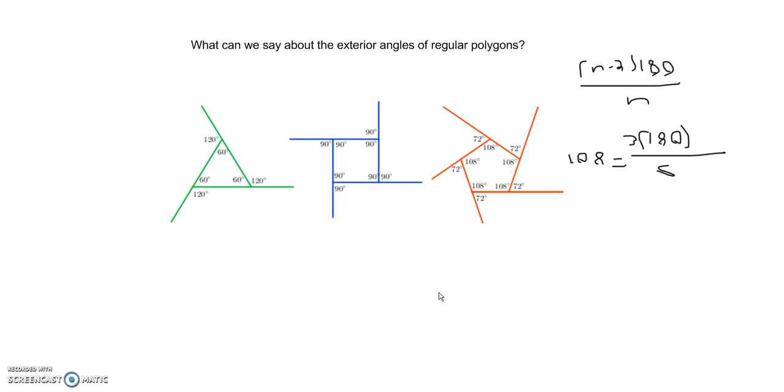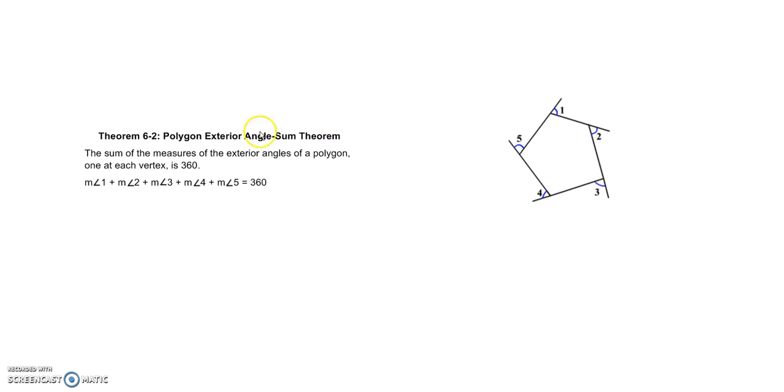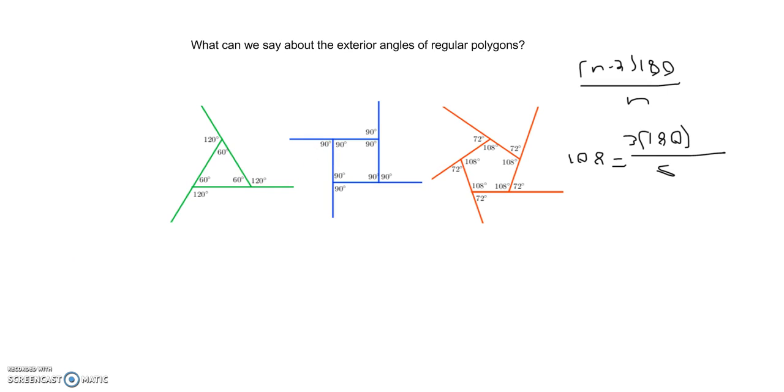So what we can say about the exterior angles of regular polygons is that they also have a formula that can determine the measurement of each one, right? And it seems that we know that no matter what, the sum of all the exterior angles is going to be equal to 360 degrees, right?